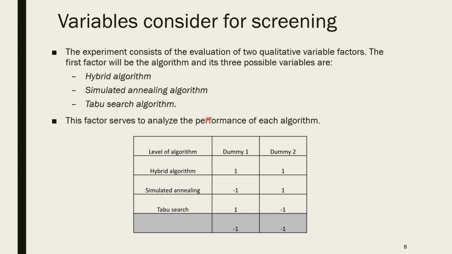I will use two dummy variables that allow representing the three levels of the algorithm factor, with the combination 1 and 1 being the hybrid algorithm, -1 and 1 simulated annealing algorithm, and 1 with -1 the taboo search algorithm.